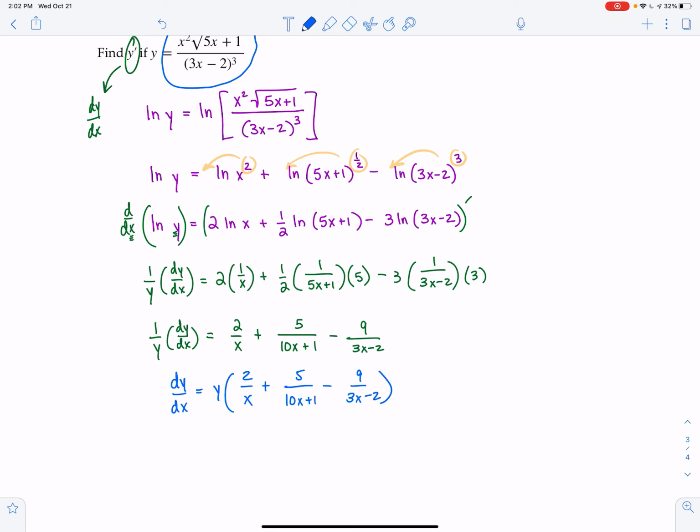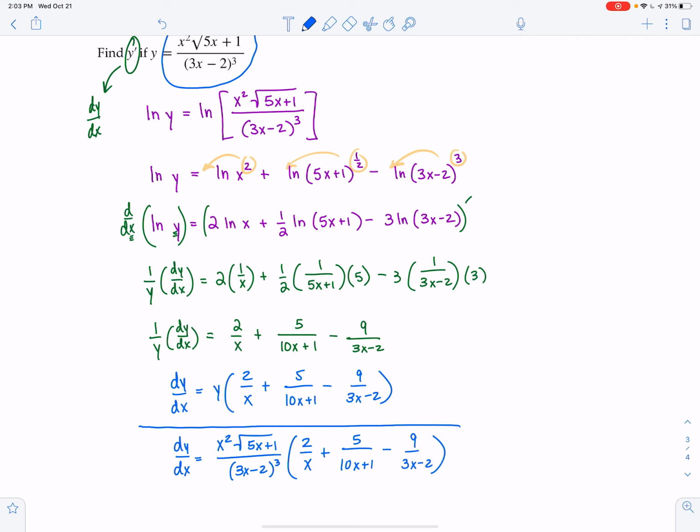Here we go. dy dx equals x squared, and now we have a derivative completely in terms of x, which is what they're wanting.